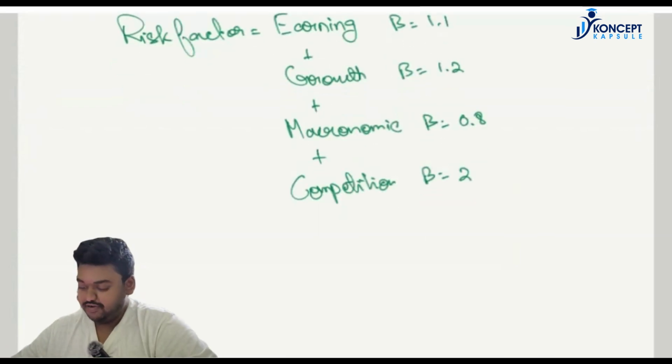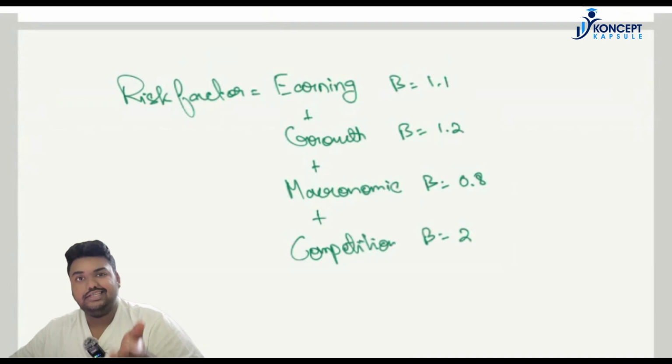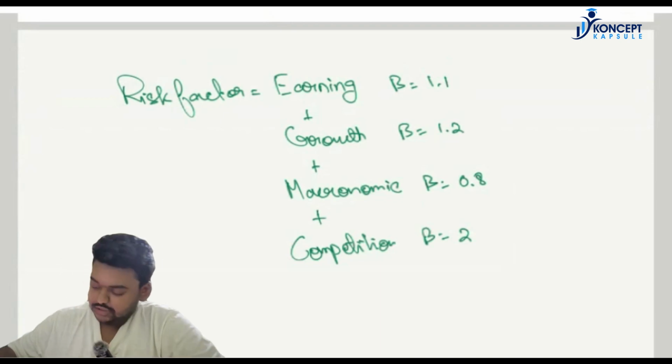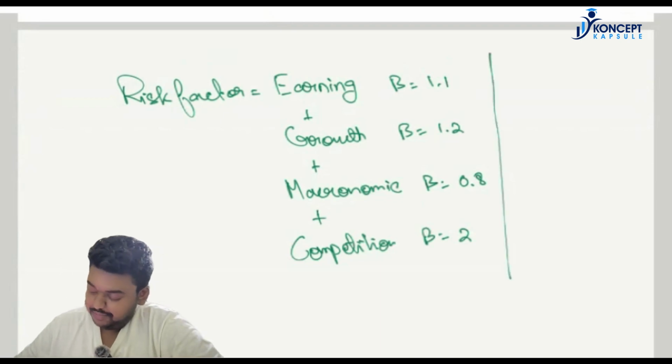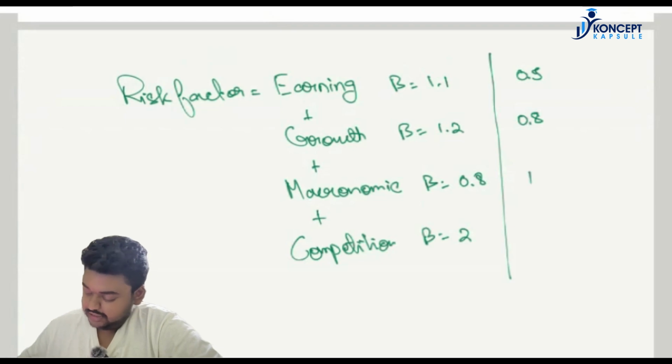And we say that the expected return based on each beta is, for example, for earnings 0.5, for growth 0.8, for macroeconomics 1, for competition 0.9.